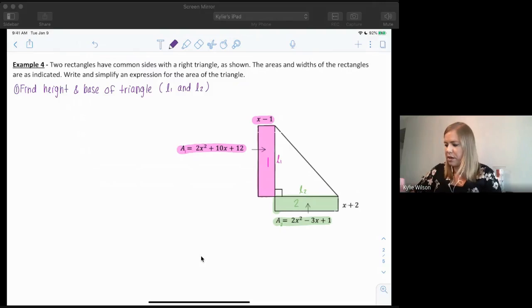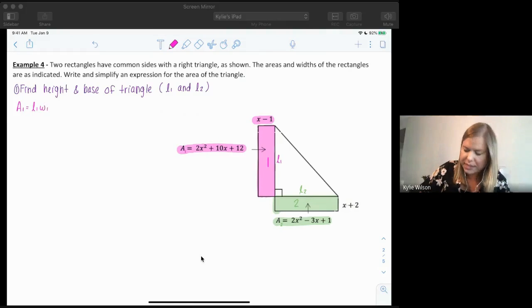So let's start by finding L1. My area 1 is equal to length 1 times width 1, so all of the pink values. But I'm just looking for the length, so I would divide both sides by W, and I'd get that L1 is equal to A1 over W1.